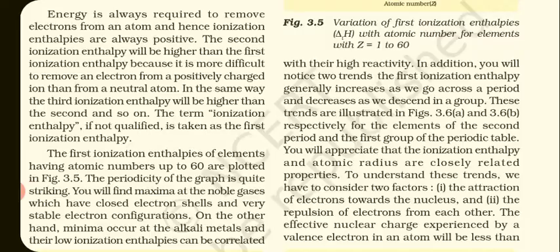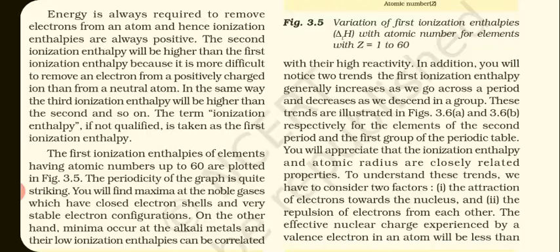The second ionization enthalpy will be higher than the first ionization enthalpy because it is more difficult to remove an electron from a positively charged atom than from a neutral atom.